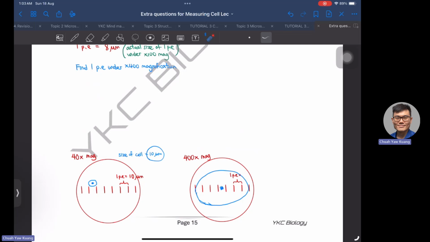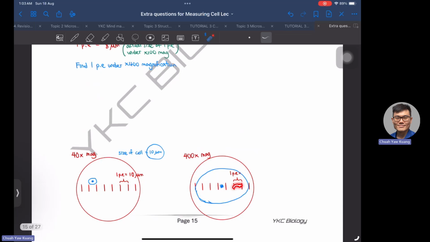So meaning that every single pitch on the eyepiece reticule here actually has a smaller micrometer value. Because the whole cell here is 10 micrometer, this one pitch on the eyepiece reticule is only 1, 2, 3, 4, 5, 6, 7, right? So it's actually only maybe 2 or maybe 1 micrometer only.